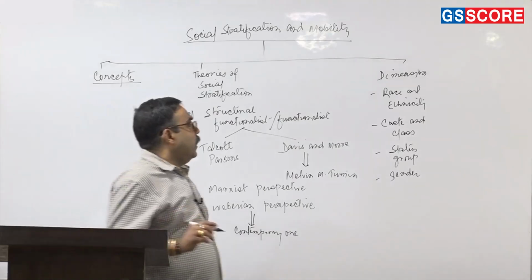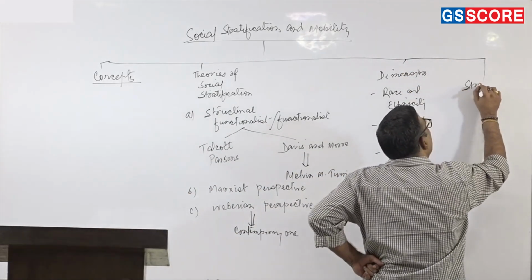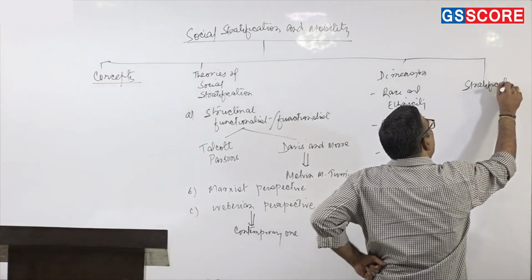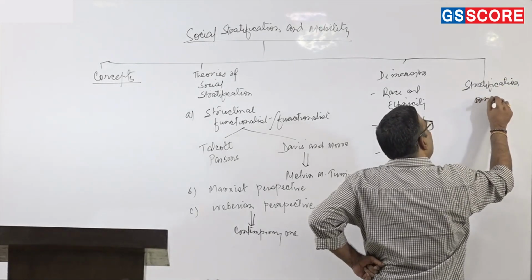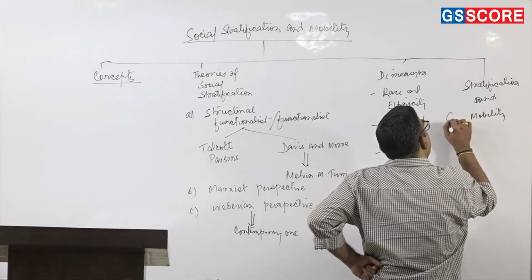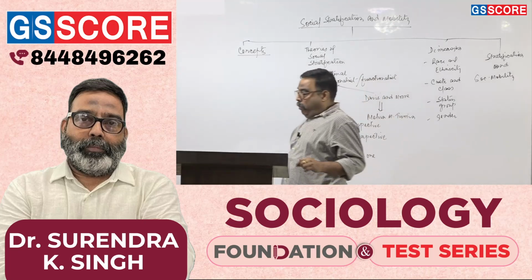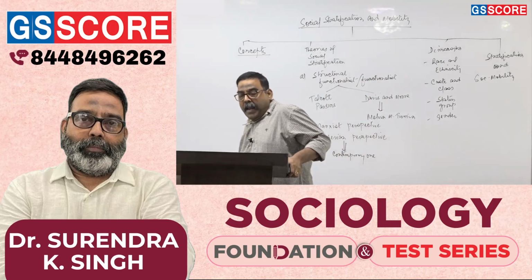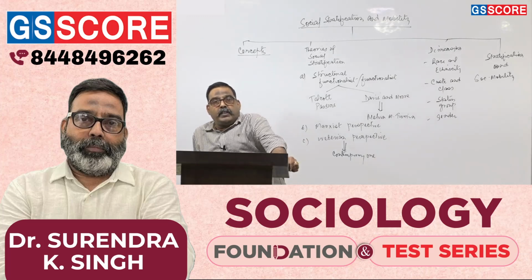And then, in the same one, you try to link stratification and mobility, that is social mobility. And in this, you just try to look at the debate in terms of open versus closed.